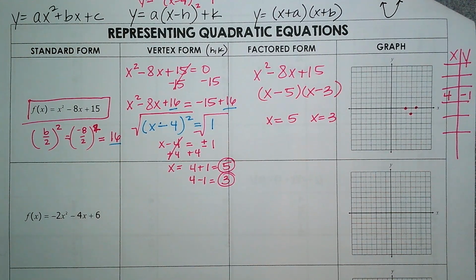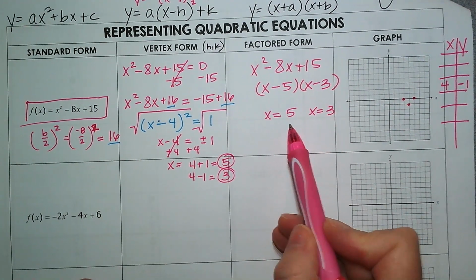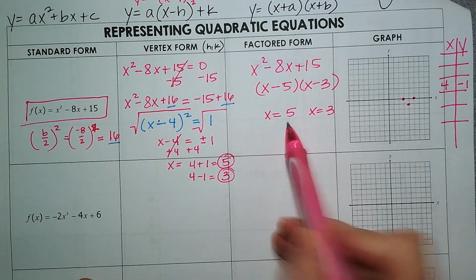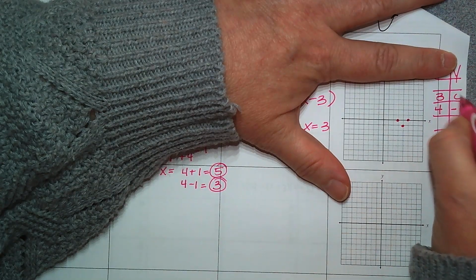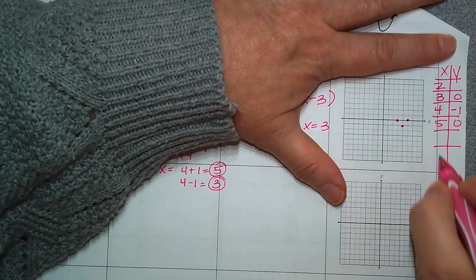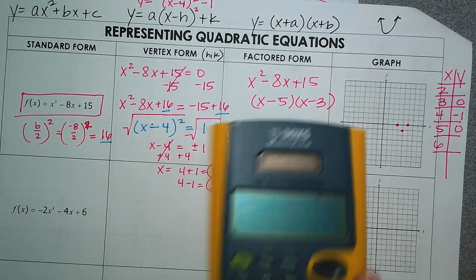Well, there's some other ordered pairs. What are the two ordered pairs above and below this vertex? One of them is (3, 0) and one of them is (5, 0). I need 2 more. What happens at 2? What happens at 6? Get your table on your calculator.